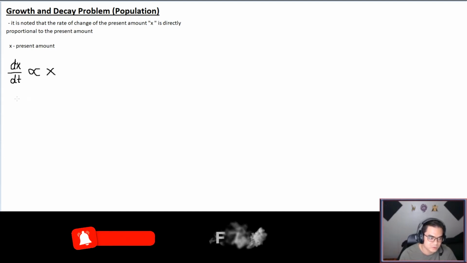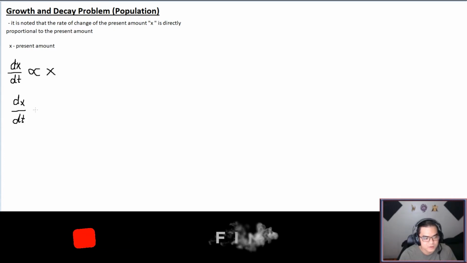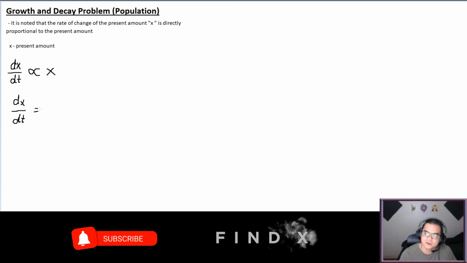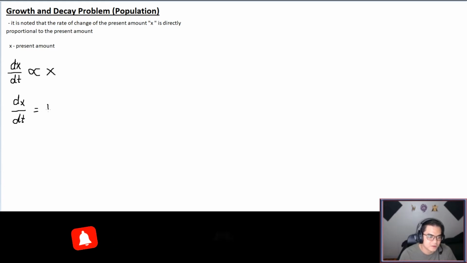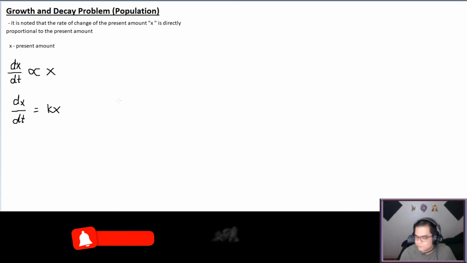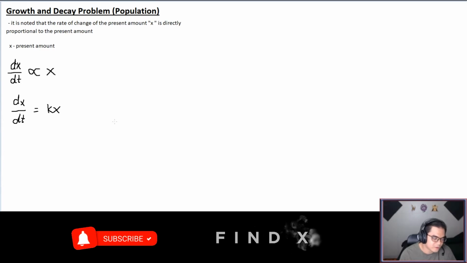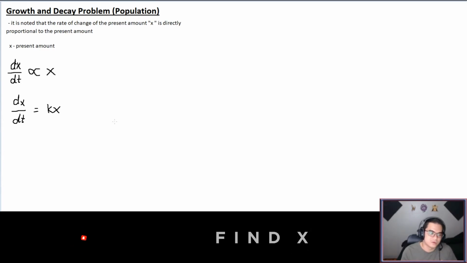So we can represent this as dx over dt. If I make this equal, we must have a proportionality constant. The usual symbol that we use for that is k. So we have k times x. Now we have to perform integration, but with that, we have to separate the x and dx from the dt.